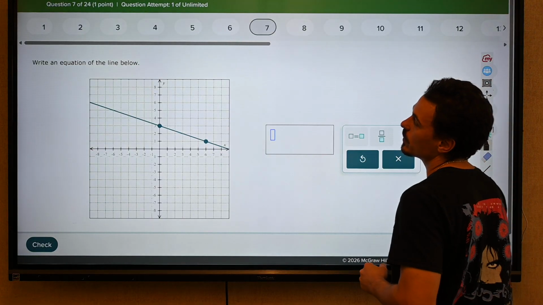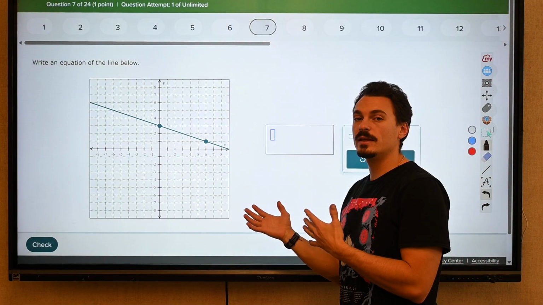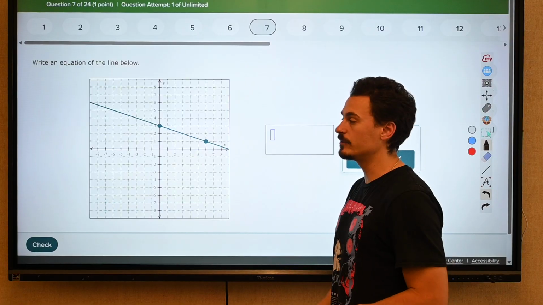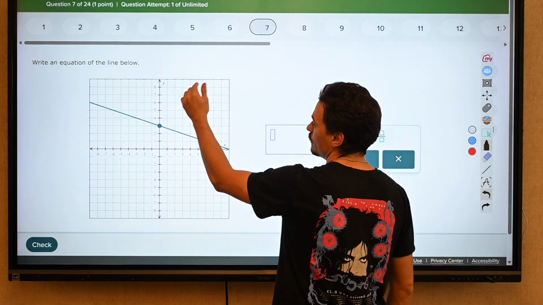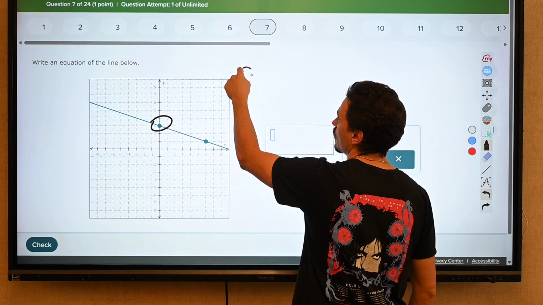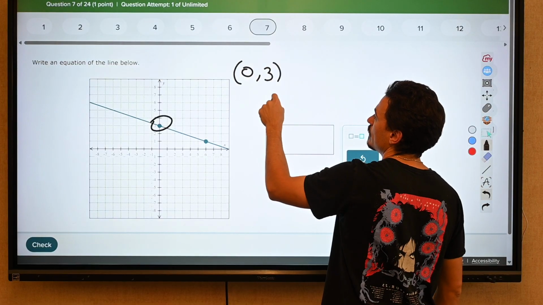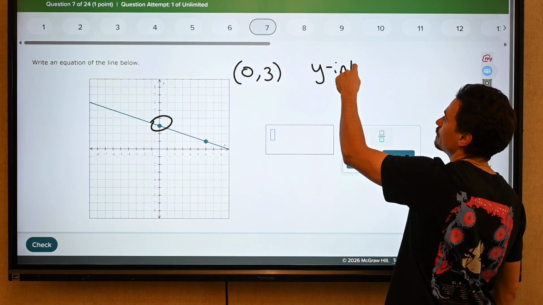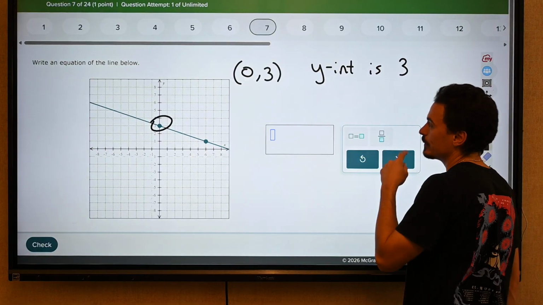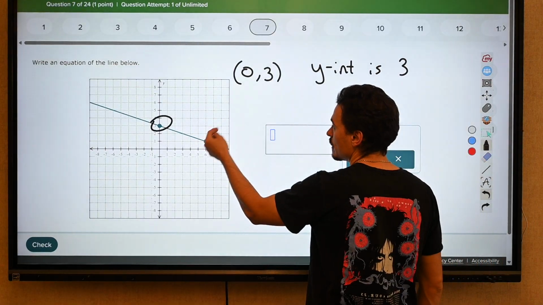Now this question, number 7, is giving you a line, and it's going to ask you to make an equation for the line. What you can do first is take this point right here, which is 0, 3, and say that the y-intercept is 3. Now this point is 6, 1.